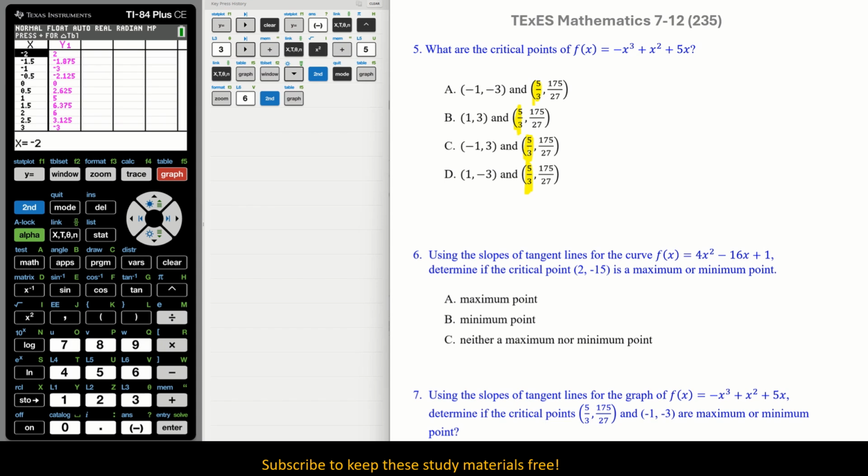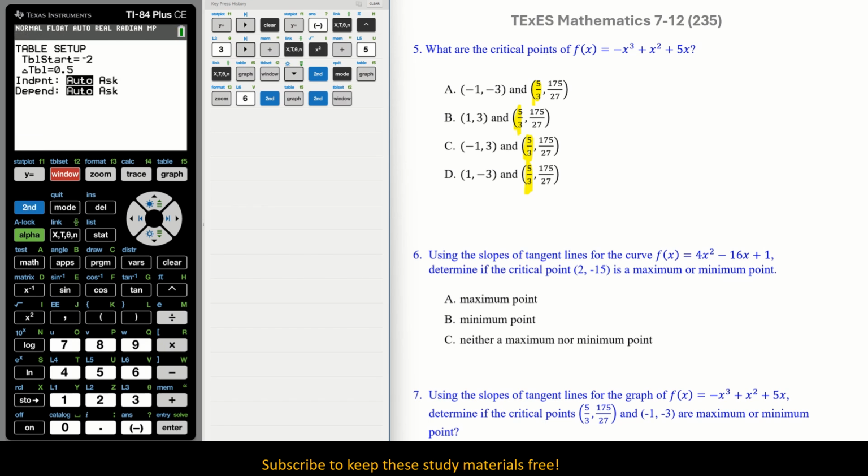So what do we need? I am going to say second window to set the table. I know that it's pretty likely that I have a local minimum at -1, -3.